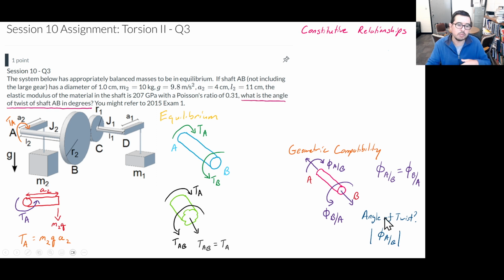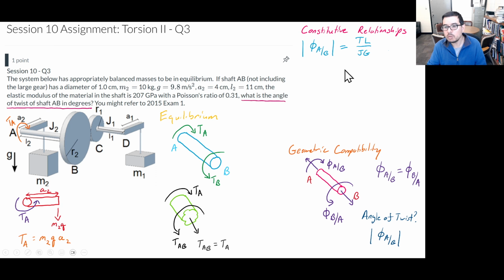So if we're looking at the problem from the perspective of wanting a quantitative scalar that gives me a magnitude, I can take the magnitude of this, because the way we've defined things here, we might be getting confused about whether it is positive or negative. So let's not focus too much on that. We're just going to focus on the magnitude of this angular displacement, or angle of twist.